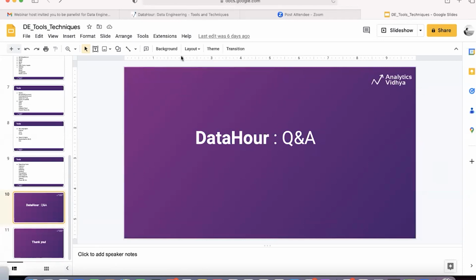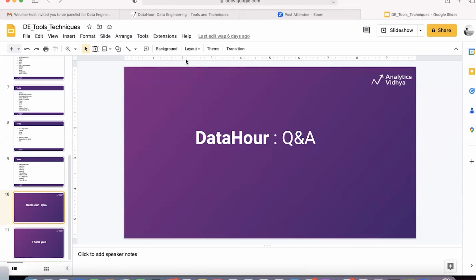Orchestrating and scheduling batch jobs. So what do you mean by orchestrating, for the others? Orchestrating means tools which are helpful in giving themselves the entire control of the job that is running.